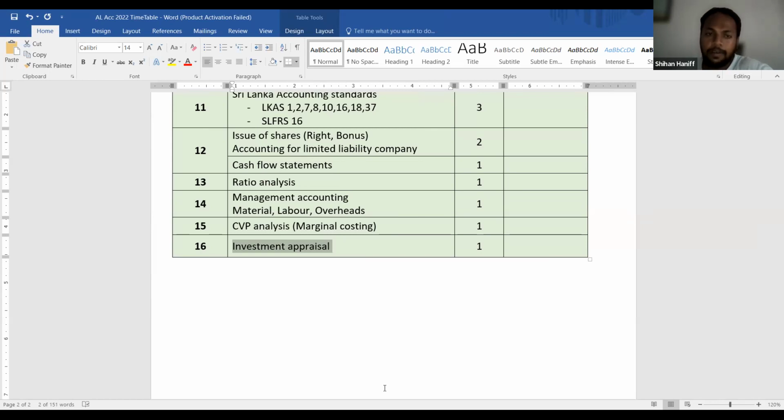Before we start anything, it could be accounting, business studies or economics, first you need to have an overall picture of what you are going to do. We call it having a bird's eye view. Whenever I studied, whenever I did any exam, I had an overall picture of the subject.